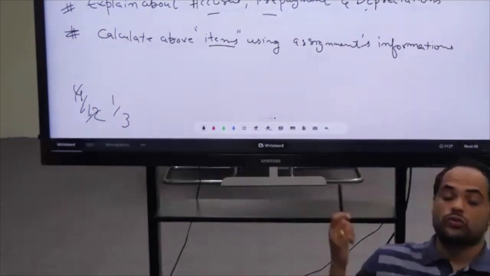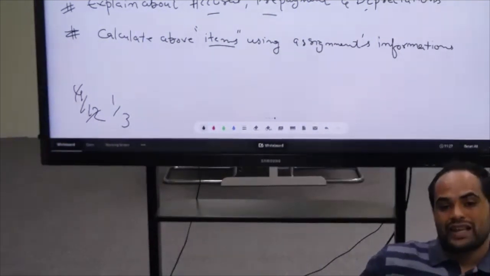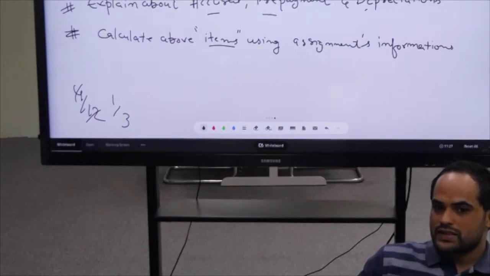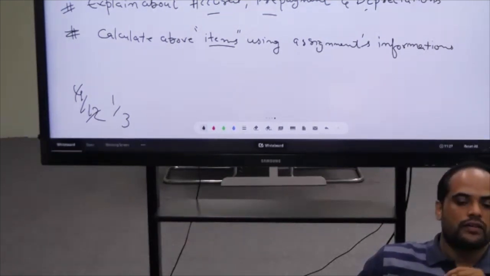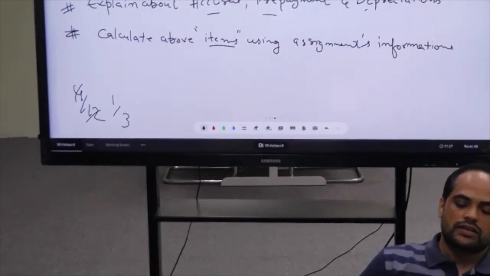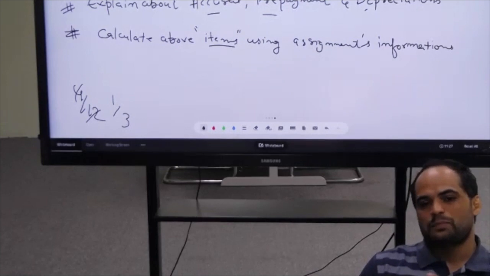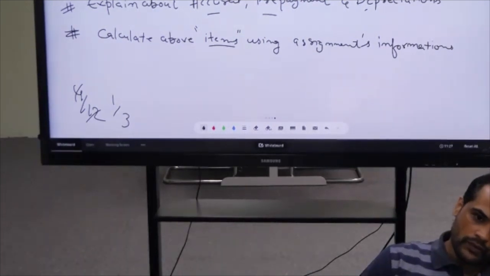So that's why we're doing 1/3. So you have 2 different ways of estimating the closing balance, divided by 3, which is 107. So we can explain it either this way or that way, right?